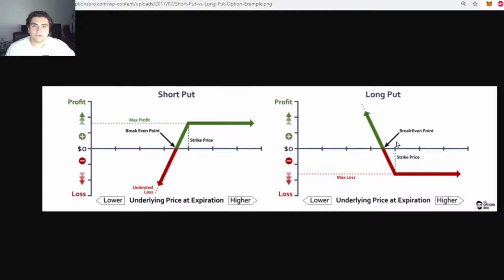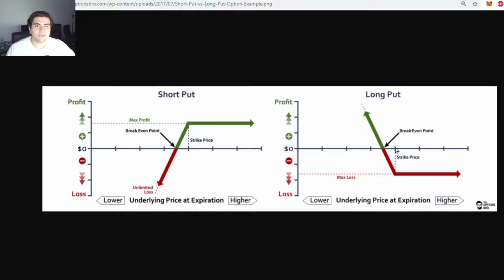Using our original example, at expiration, XYZ moves from $50 to $48. Now that $50 put that you had originally bought when XYZ was at $50 per share is now $2 in the money. You paid $1 for that. So your effective cost basis is $49 per share.